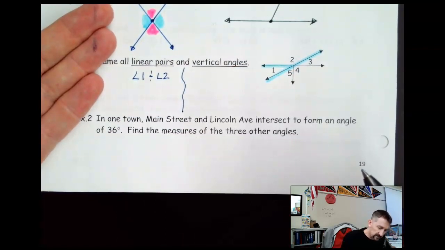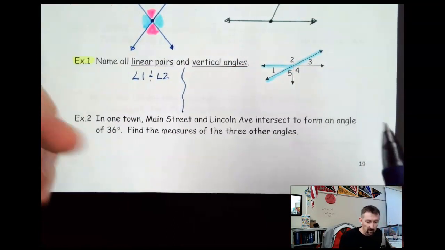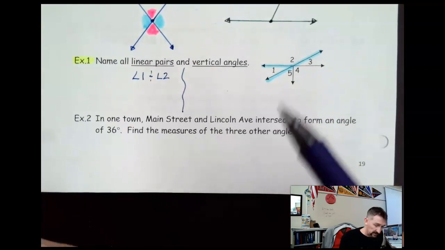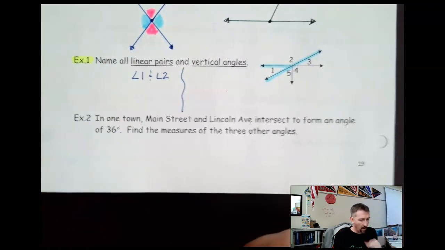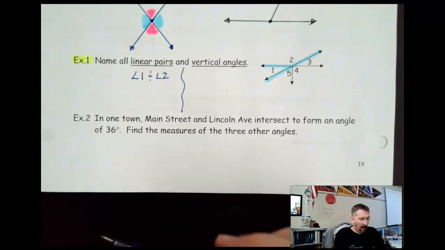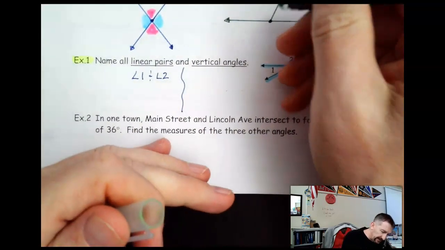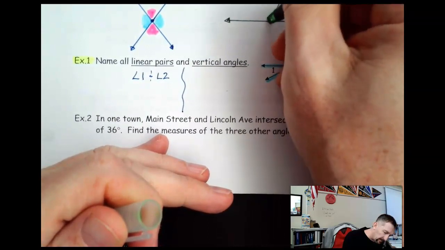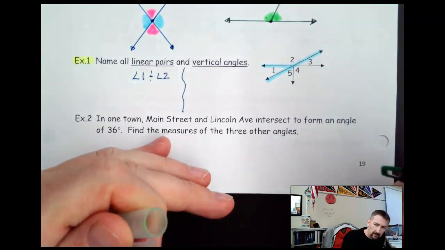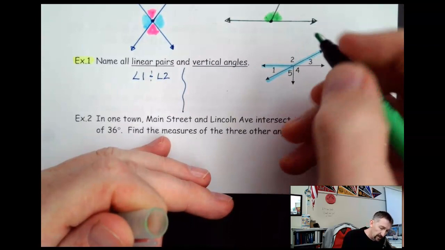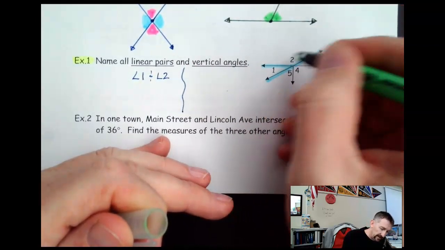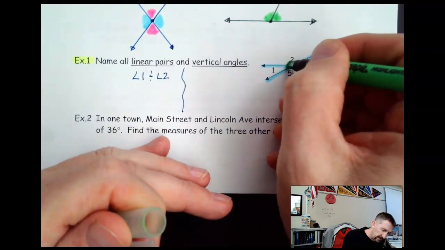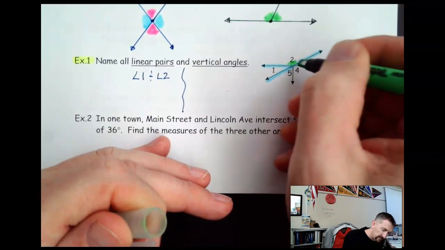Now we get some students who try to say that there are more, but you have to be careful about that. So I guess I could use green here to show that these were a linear pair. So we already did that blue for that linear pair, so there's another linear pair here, 2 and 3.